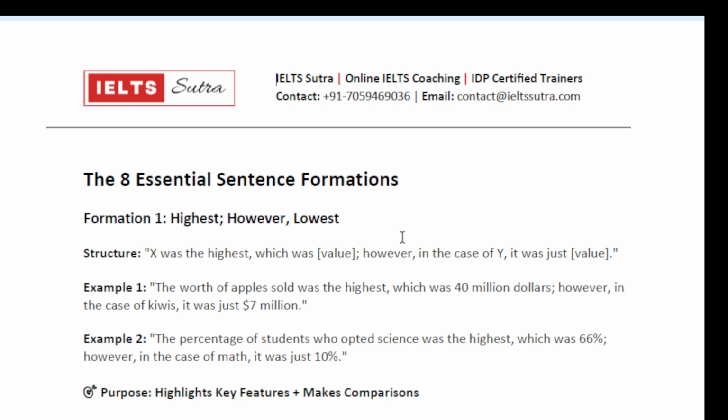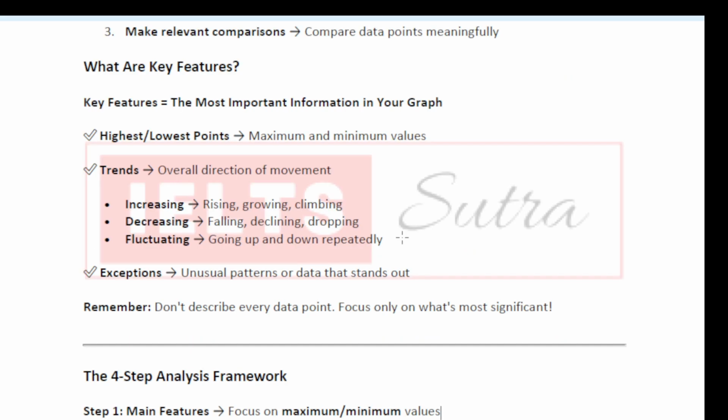If you want to analyze the graph carefully and figure out what the key features are, I would say you should follow this four-step analysis framework, which will help you easily understand the key features and report them in your report writing. Step number one is that you should always focus on the key features, for example, the maximum and minimum values.